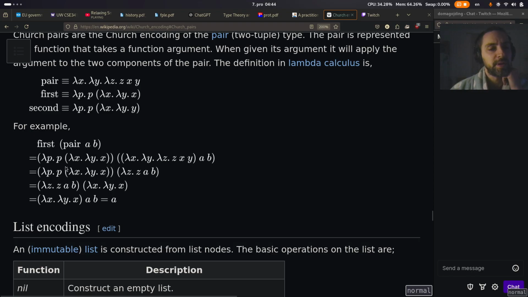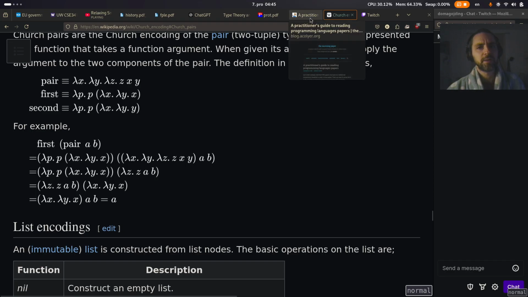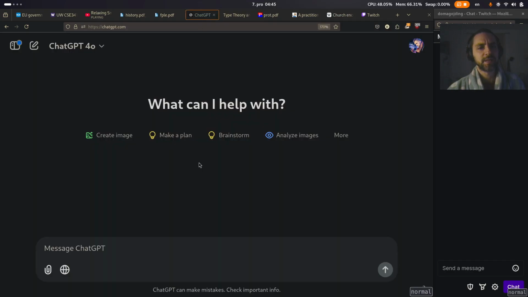First pair AB. Okay. Lambda P. What's lambda P actually? Why is it defined as lambda P? Because I don't have it defined like this. Lambda P dot P, lambda X dot X. Yeah, why is the pair? Okay, my pair was defined like this. Okay, let's try this.